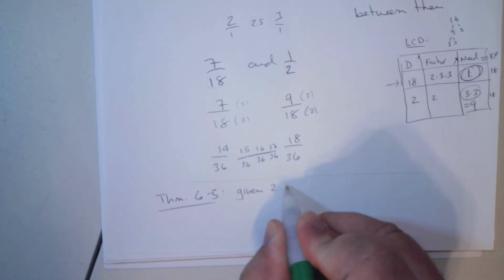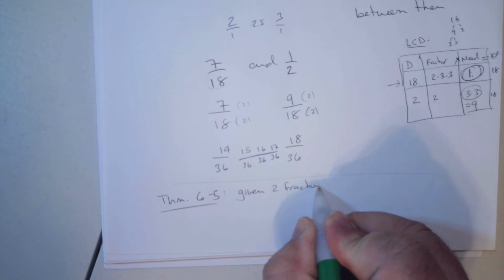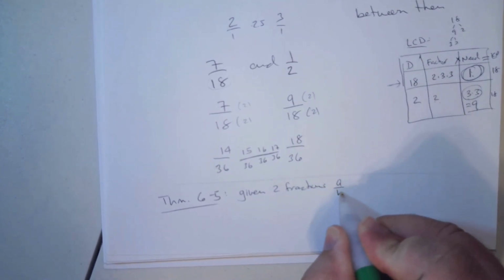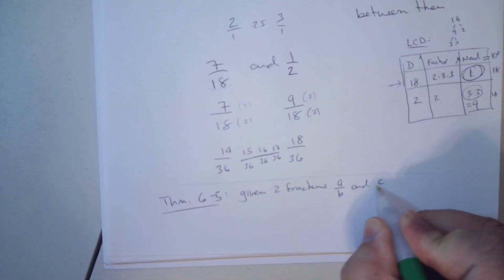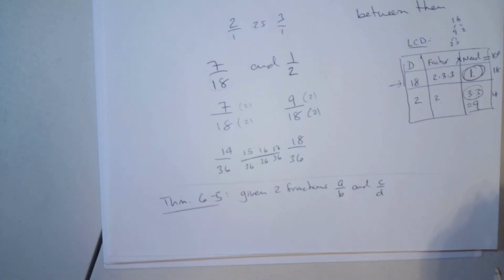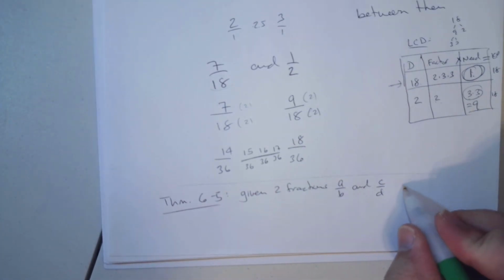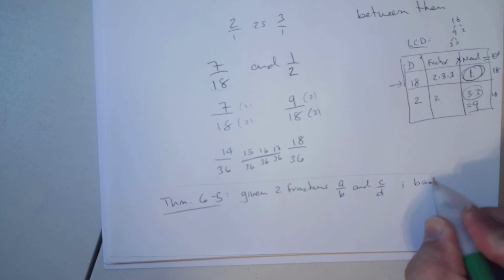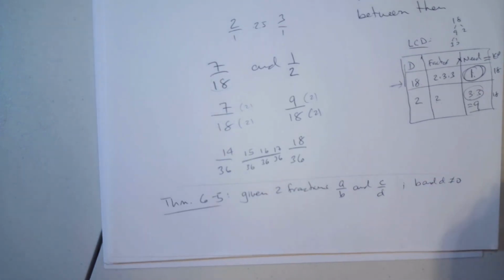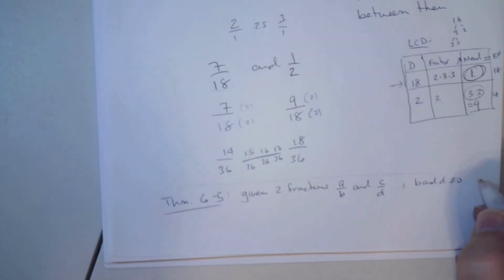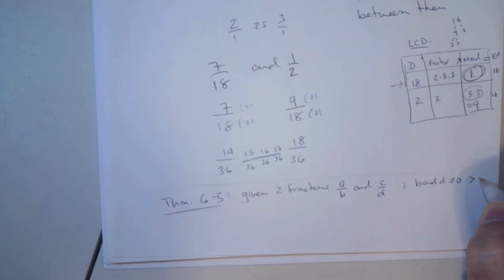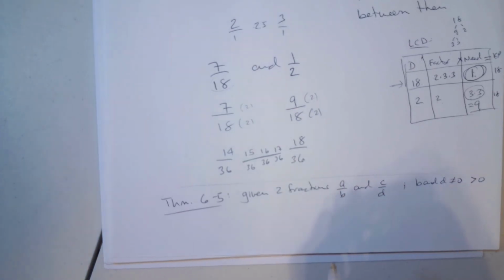Given two fractions, A over B and C over D, where of course B and D cannot equal 0. And for simplicity here, they have to be greater than 0. It has to be positive.